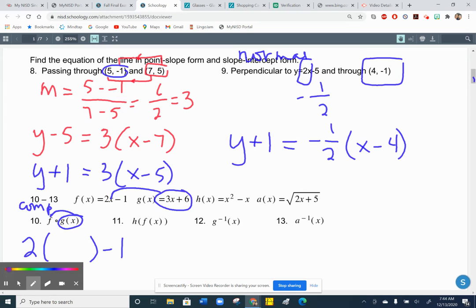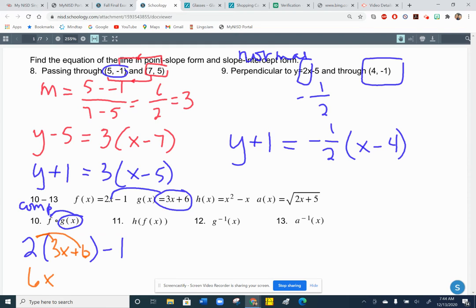And this happens to be 3x plus 6. Okay, you would multiply that all out and it would be all good, and we would get something like 6x plus 12 minus 1 is 6x plus 11.